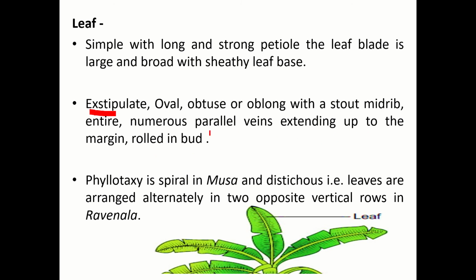The leaves have parallel veins. This is something very, very important. Phyllotaxy is spiral in Musa and distichous in Ravenala, that is, leaves are arranged alternately in two opposite vertical rows. One thing you should know, the leaf blade is convolutely rolled up when young.